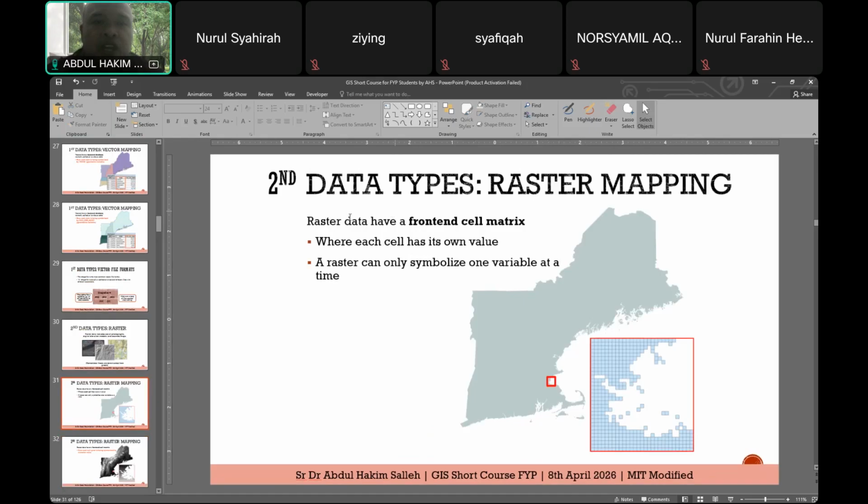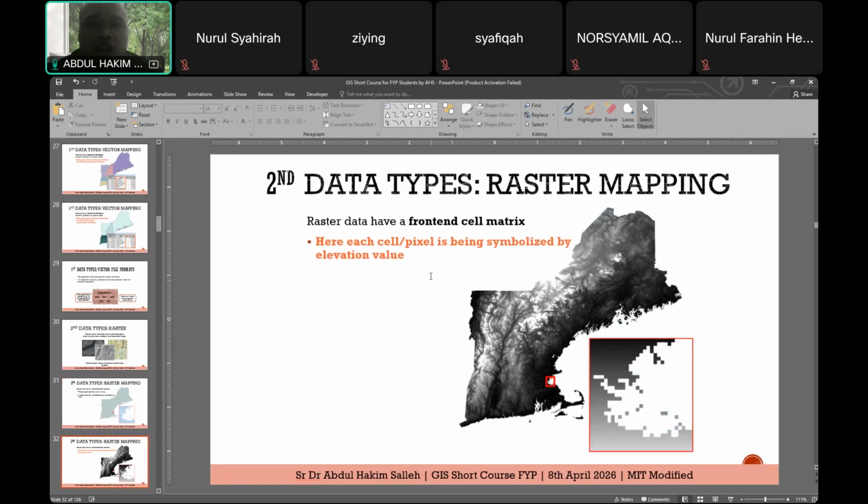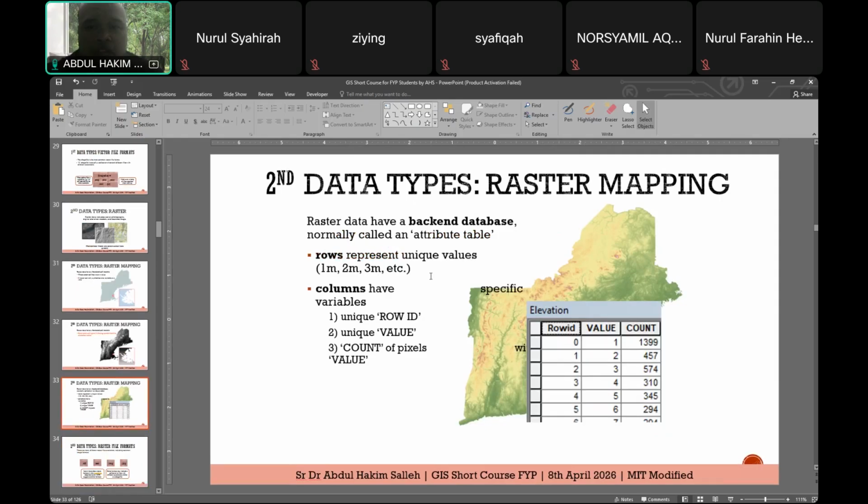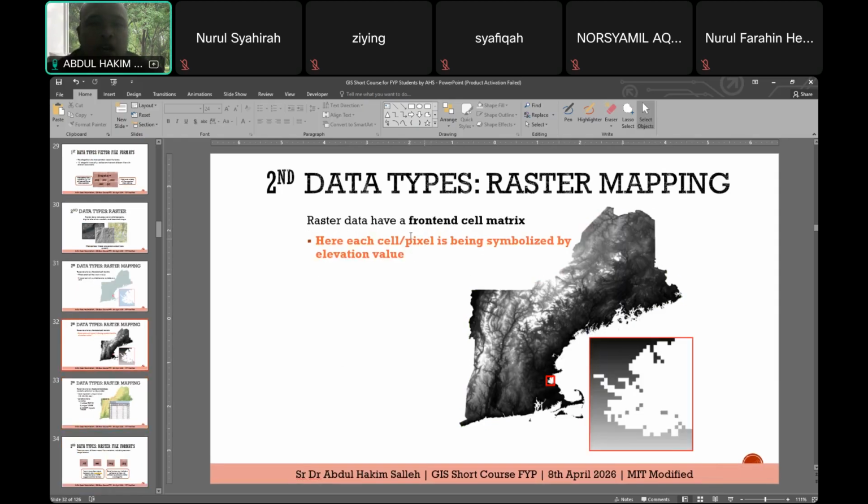Now, raster data have a front end cell matrix. Similarly, you can look at this entire map. This is the front end. Whether or not it has a back end, of course it has. The front end cell matrix here contains a lot of information. Okay.